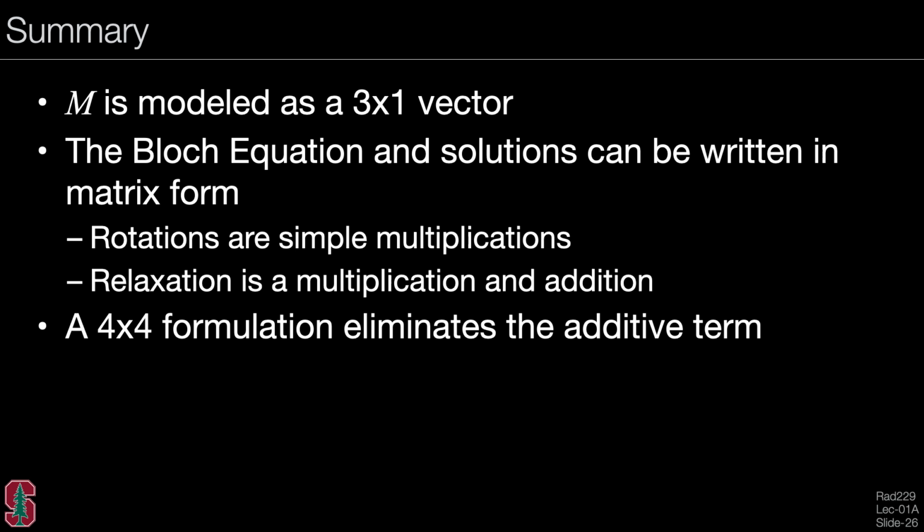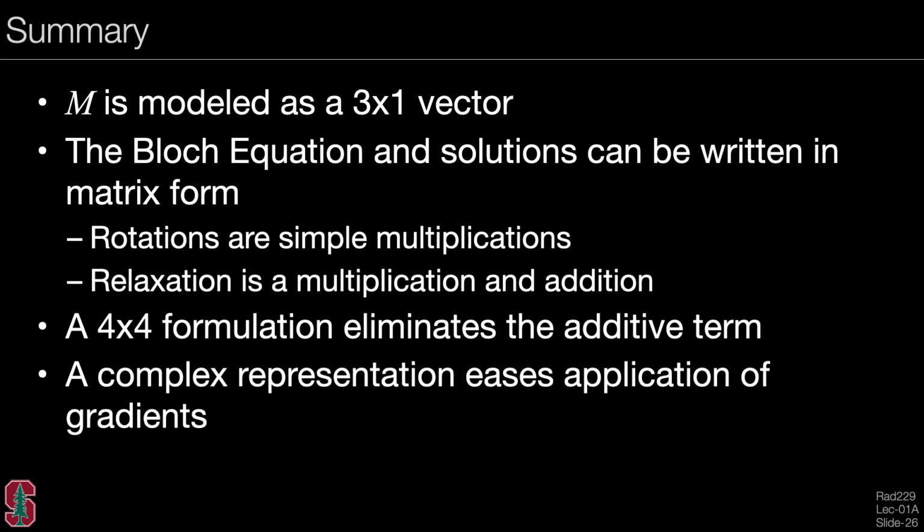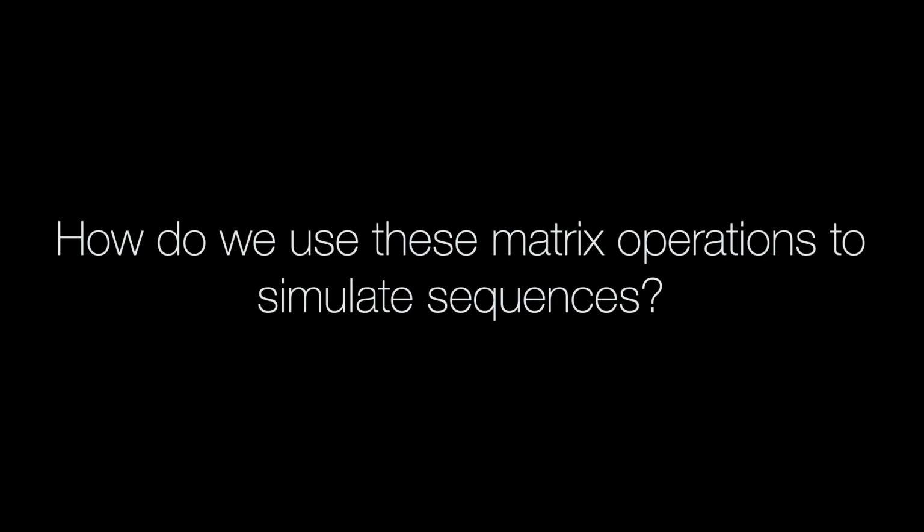The 4x4 matrix formulation eliminates this additive term, and a complex representation eases the application of gradients. So in the next lecture, we will address how we use these matrix operations to simulate sequences.